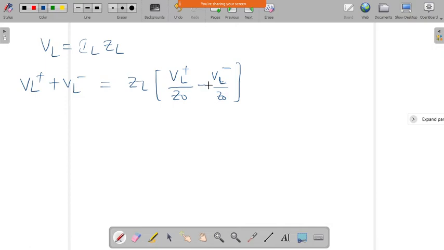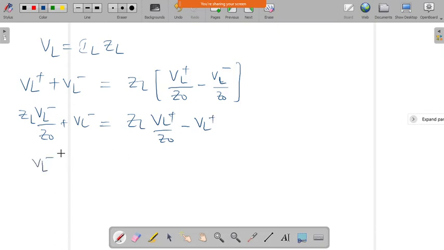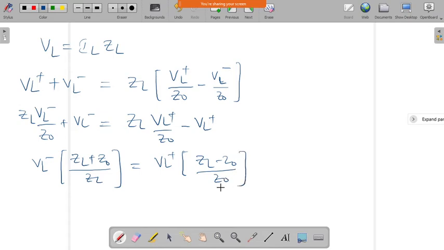Now we can take the VL minus this side, so that is ZL into VL minus by Z0 plus VL minus, which is equal to ZL VL plus by Z0 minus VL plus. Taking VL minus common, we get (ZL plus Z0) divided by Z0, and similarly taking VL plus common, (ZL minus Z0) divided by Z0.